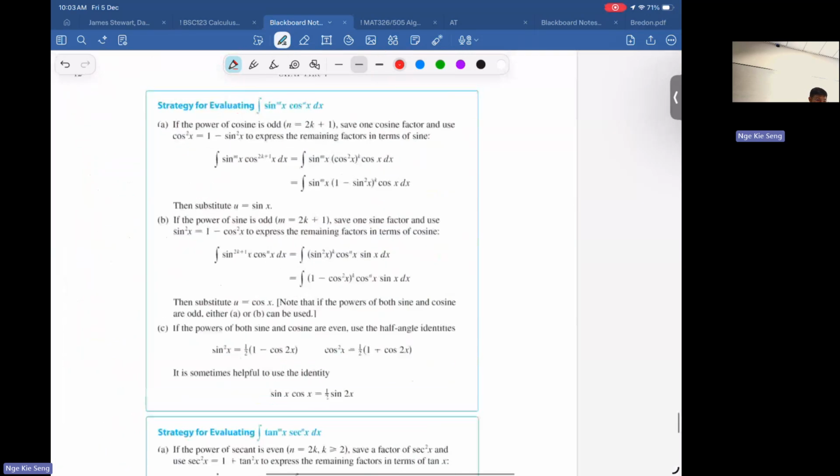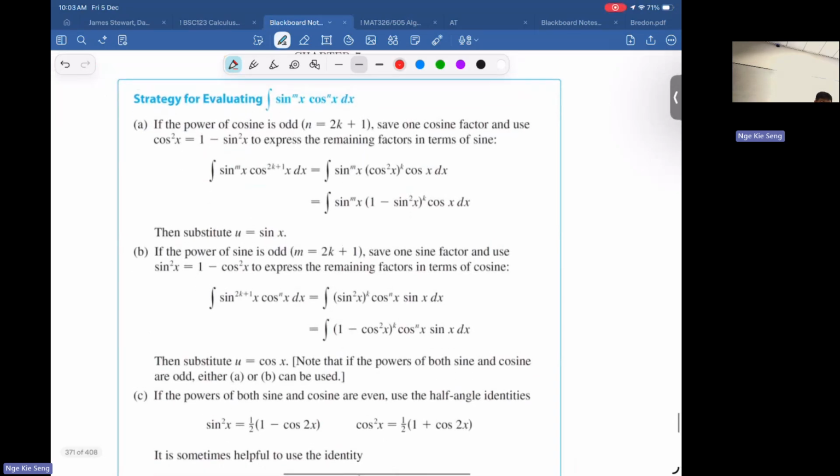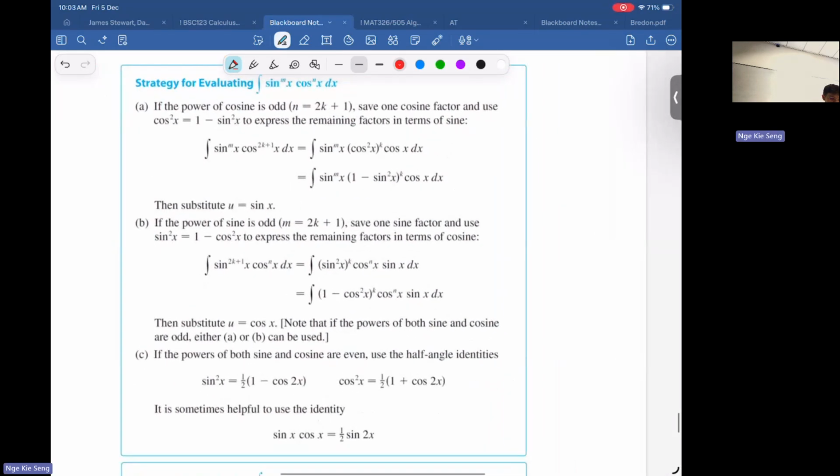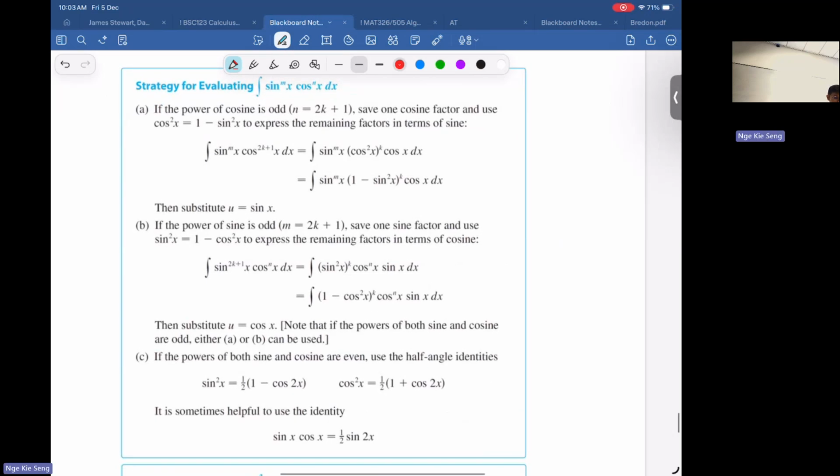So there's a general strategy here. If you are integrating the product of sine to the power m and cosine to the power n together, here is the general strategy. If one of them is odd, then you just do the sine square x plus cos square x equals 1 substitution. Then you substitute either sine or cos, depending on which one is odd.